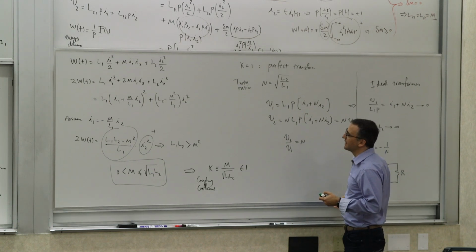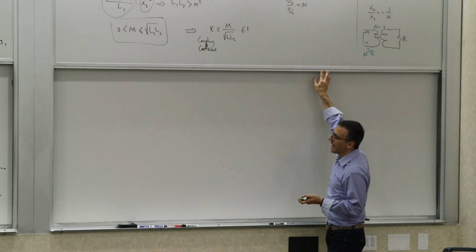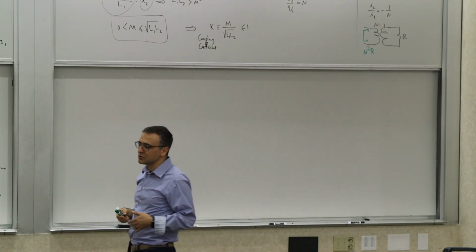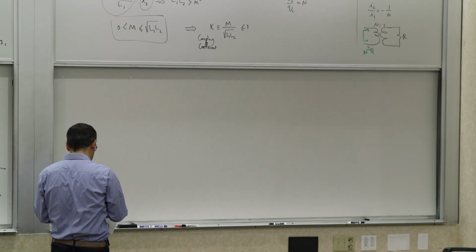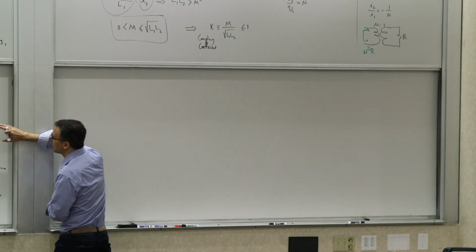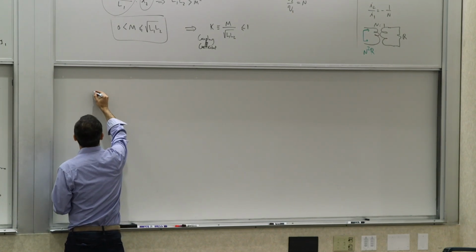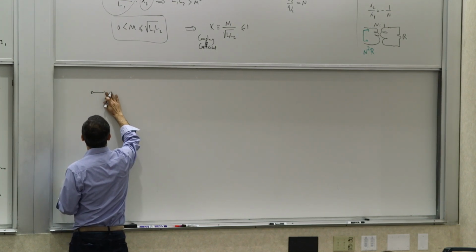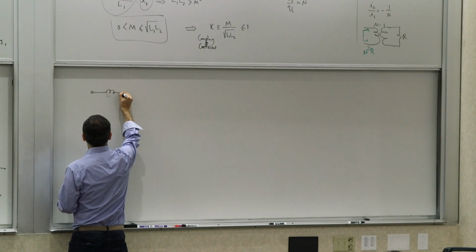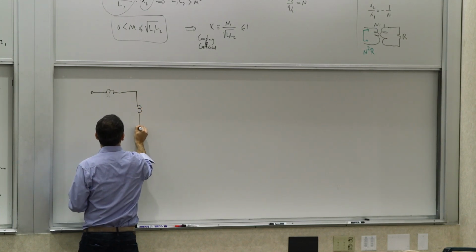When you use this, you can combine all of these things to produce a model that's very useful and generally true for transformers. You can take that T model that we produced before, and in the case of a general transformer, not ideal or perfect, you can model it in this form.